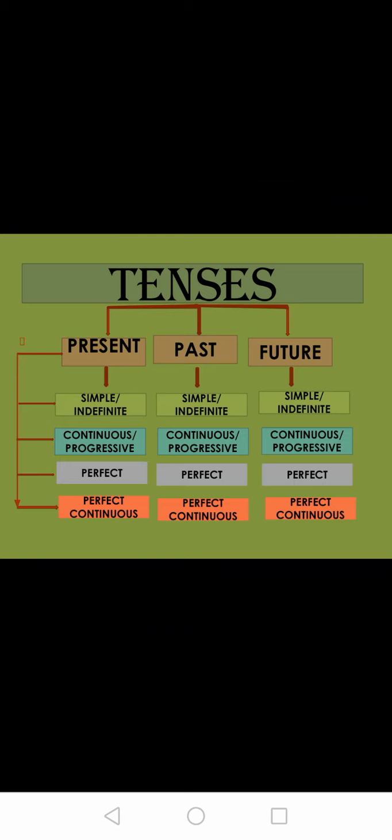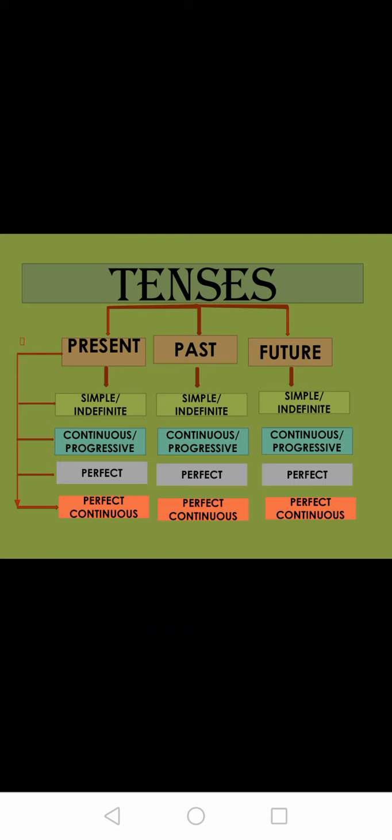That means present tense is divided into four kinds, past tense is also divided into four kinds, and future tense is also divided into four kinds. That is, total we are going to study 12. 4 plus 4 plus 4, 3 times 4 is 12. In present we have 4, past we have 4 and future we have 4.